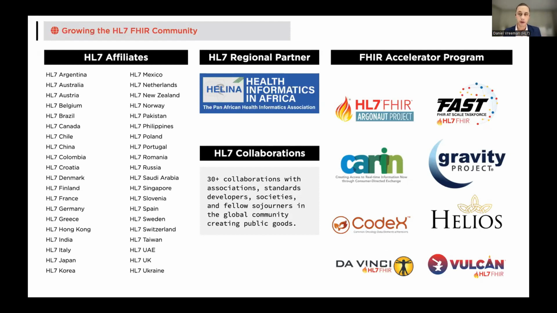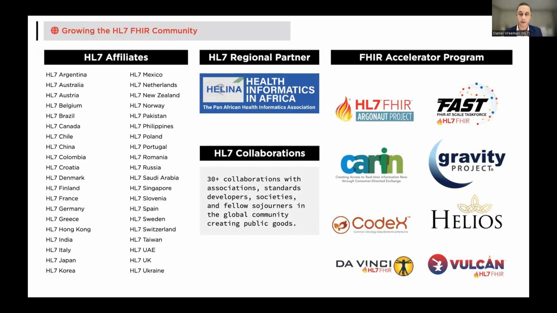The Carin accelerator has focused on consumer-directed exchange. Gravity has focused on social determinants of health or social needs. The Codex project has focused on representing common data elements in oncology and now cardiology and genomics as well. Helios has focused on public health use cases such as sharing immunization data and so forth. The Da Vinci project has focused on the exchange between clinical providers and payers.